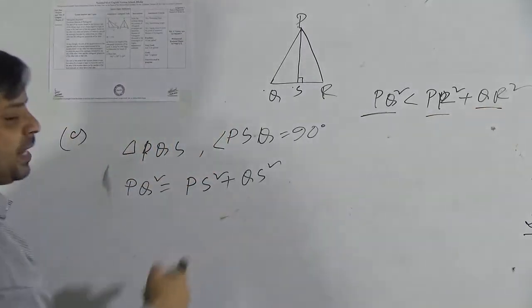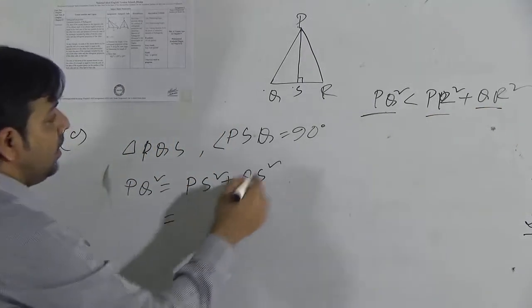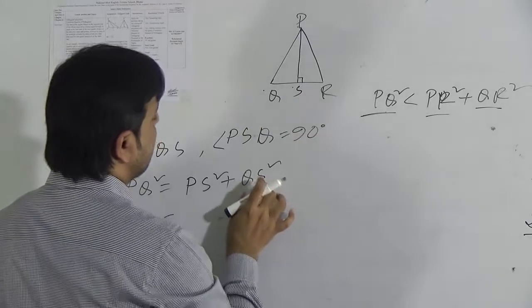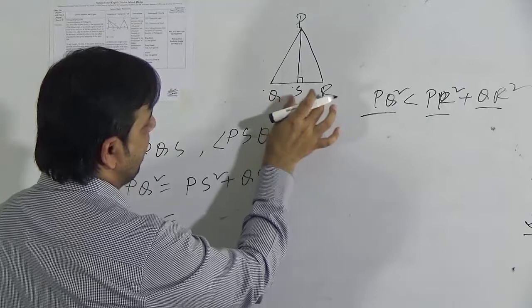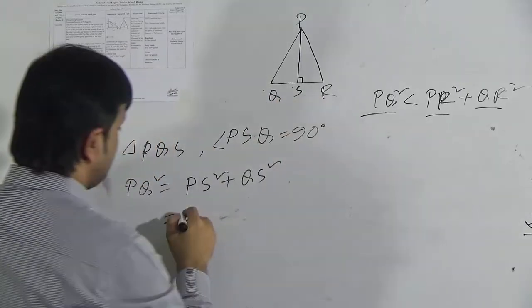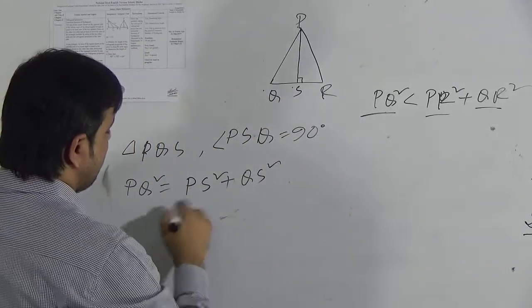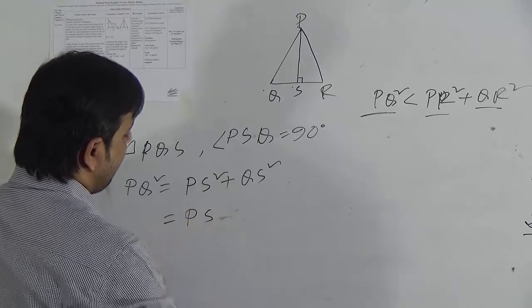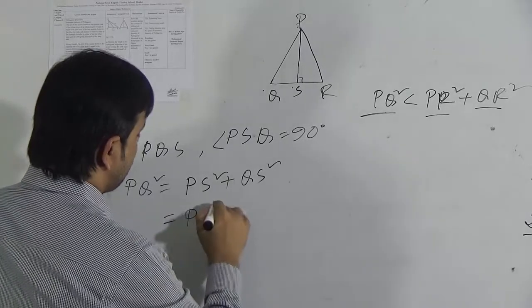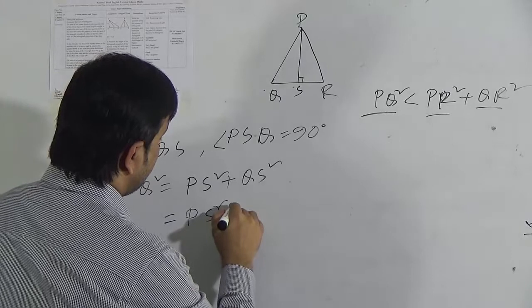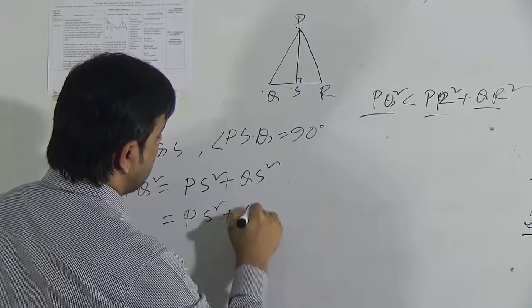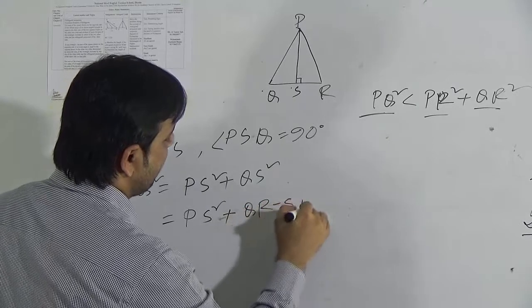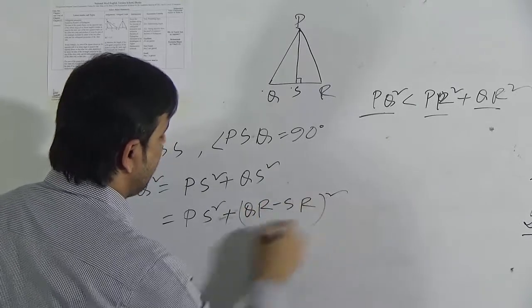Here there is no PR square or QR square, so now we can convert this QS into QR. It means that we can write QR minus SR. PS square plus QS means QR minus SR whole square.